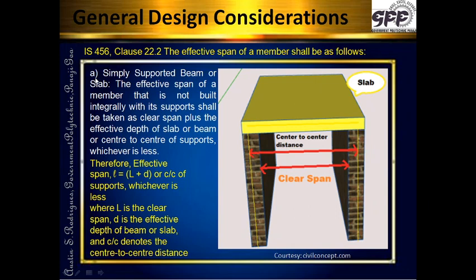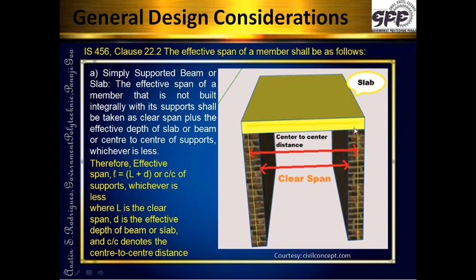Now it says, in case of a simply supported beam or slab, the effective span of a member that is not built integrally, that means this and this are not cast together, they are not built together, and they don't have continuity over here.